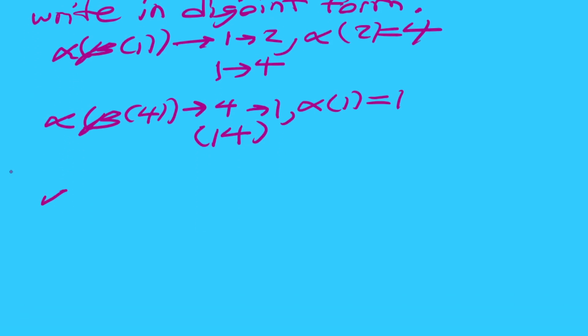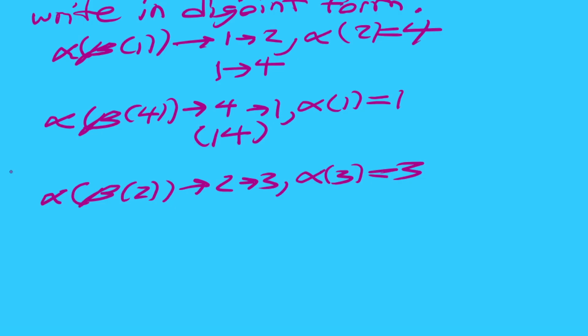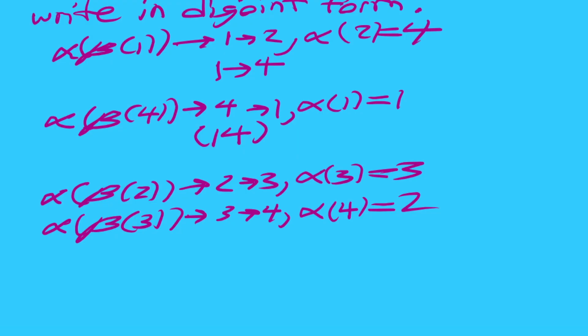Now let's take a look at 2. So alpha beta of 2. So we have 2 goes to 3. So alpha of 3 equals 3. And then we have alpha beta of 3. So we have 3 goes to 4. And then alpha of 4 equals 2.